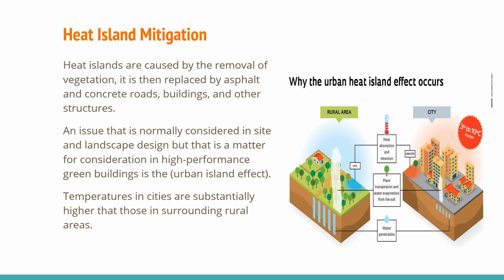Well, it is the gradual heating of an area by several or more degrees as green surfaces such as trees and grass are ultimately replaced by more reflective surfaces such as concrete, asphalt, buildings, anything that would be reflecting the heat that would normally be absorbed by the greenery. And it's why we see that temperatures in cities are substantially higher than those in surrounding rural areas. It's largely in part due to the heat island effect, or the urban island effect as it's also sometimes called.